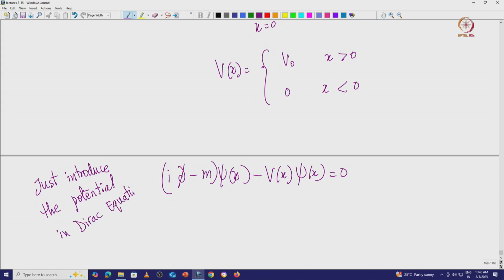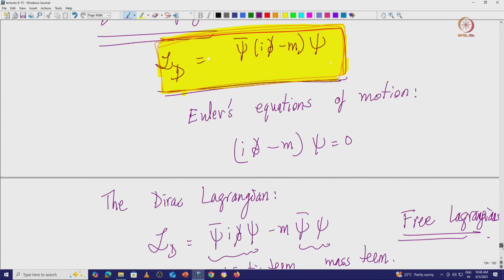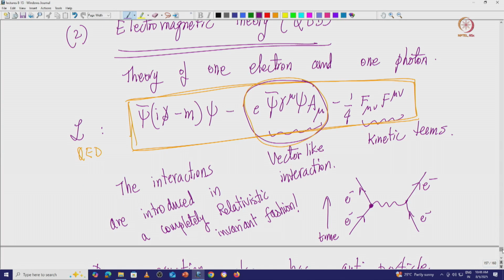But at the back of my mind I know that this is not a completely relativistic theory. Like what happens if you have bilinear covariance: I am introducing it in a relativistic theory, and if I do the non-relativistic reduction, I get the Schrodinger equation, not the Dirac equation, with the electrostatic potential.